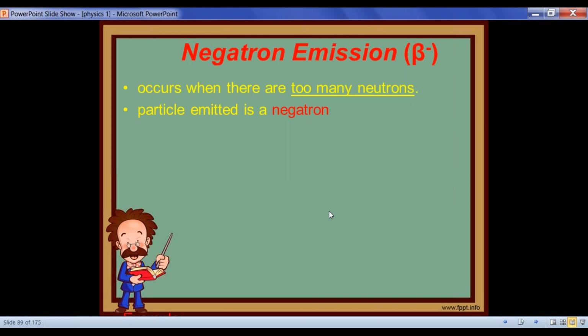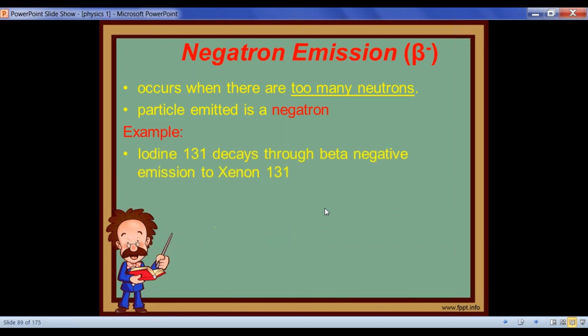Negatron is a negative electron coming from the nucleus. Again, negatron is a negative electron coming from the nucleus. So iodine-131, for example, decays through beta negative emission to xenon-131.